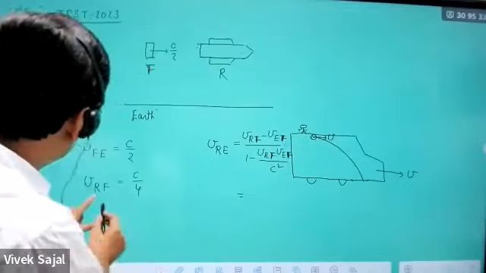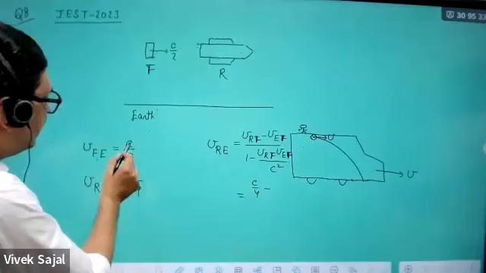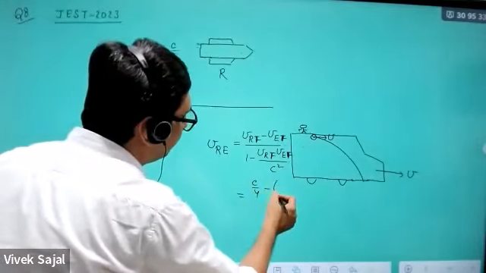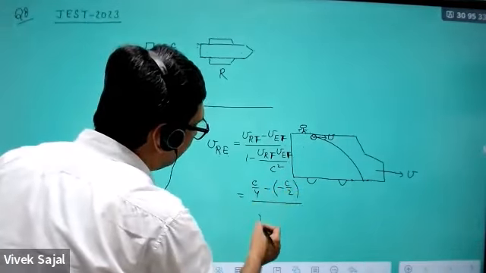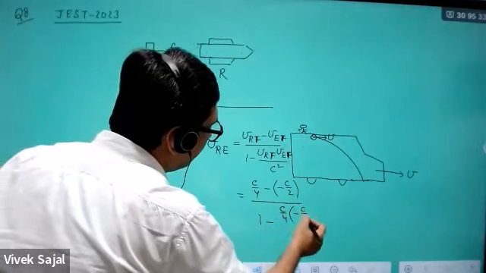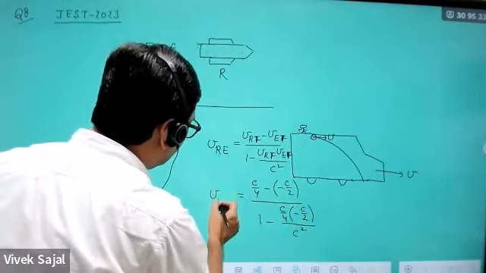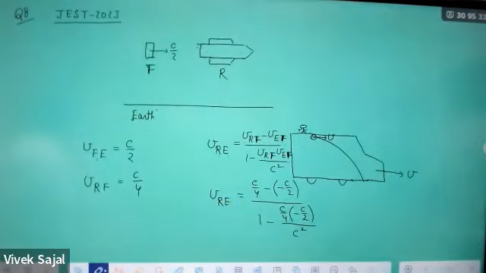So VRF is how much? c by 4 minus VEF, which is c by 2. So VEF will be minus c by 2. So (c by 4 minus c by 2) divided by (1 minus (c by 4)(minus c by 2) divided by c square). This will be the velocity of the rocket with respect to Earth, or with respect to its initial frame of reference. Okay, calculate this, beta, how much will it be?